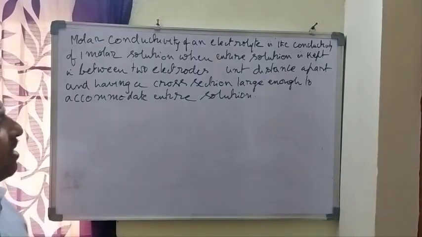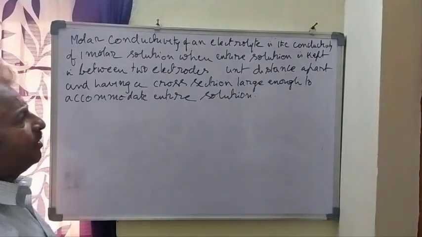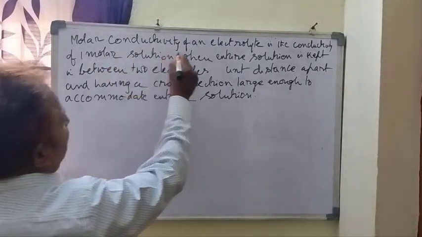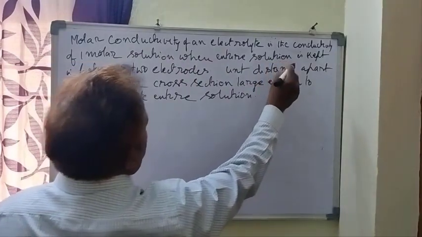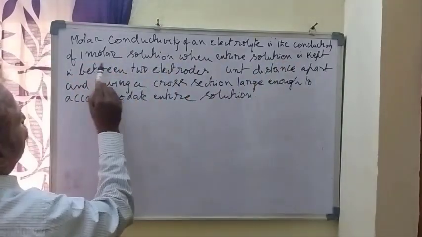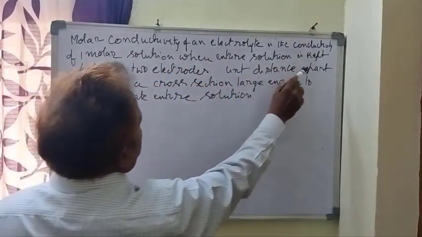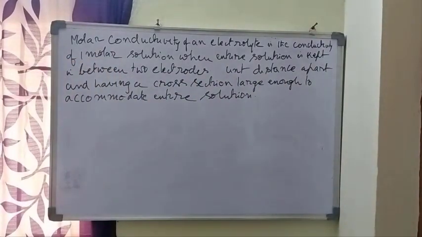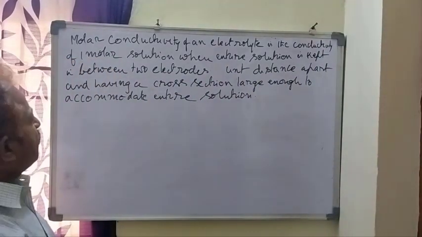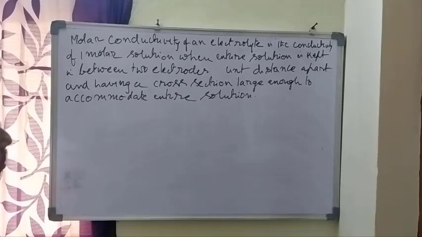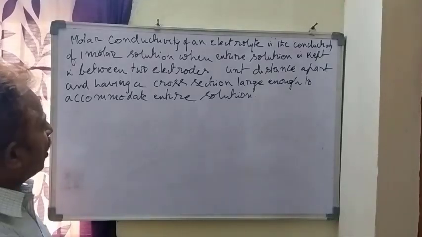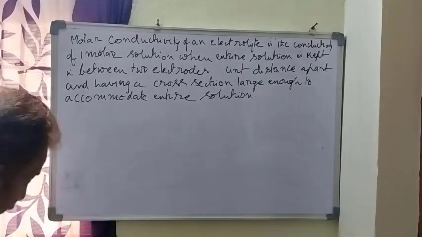Now let us see the molar conductivity. Molar conductivity of an electrolyte is the conductivity of 1 molar solution when the entire solution is kept between two electrodes unit distance apart and having a cross section large enough to accommodate the entire solution.